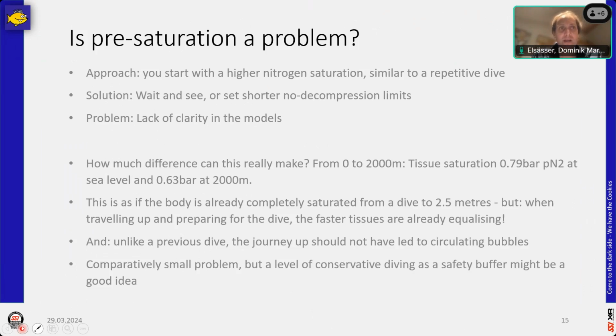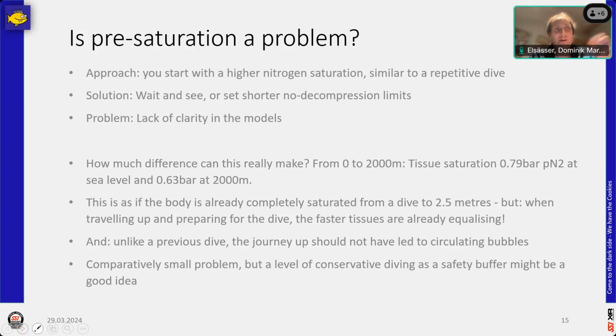That's fine. But there are things that go beyond just calculating the dives that need to be considered. One of these is the question of whether pre-saturation is a problem. What does pre-saturation mean? If you drive up to altitude, you arrive in a different state than if you had already been at this altitude for, say, 5 weeks, or lived your entire life there.